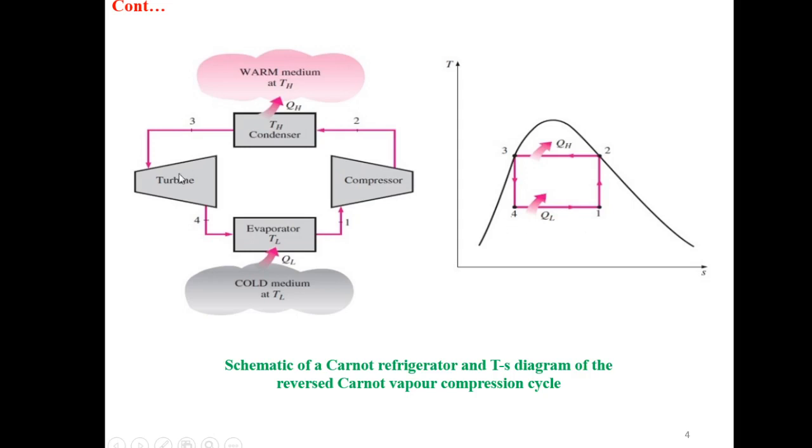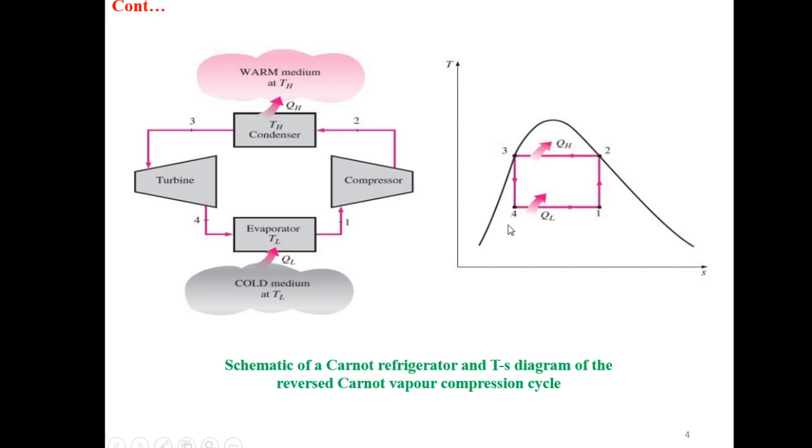Similarly, for 3-4, point 4 has a very low dryness fraction value. That means it has a high moisture content. So when it exits the turbine, there are chances that the turbine blade will get eroded.